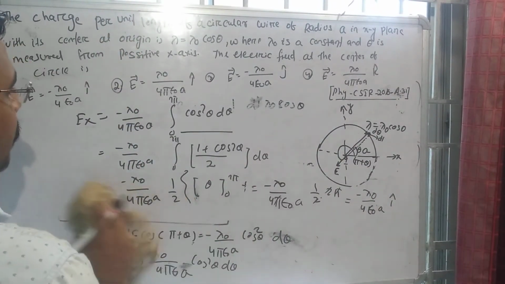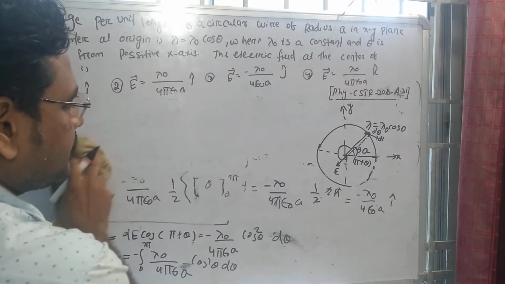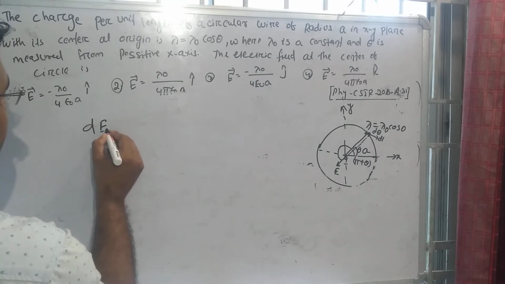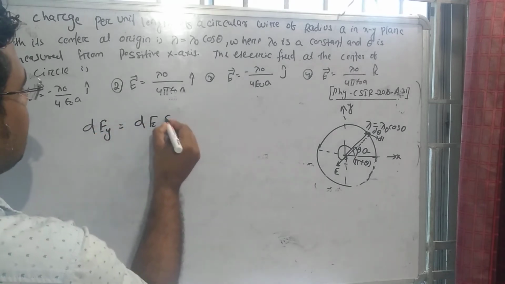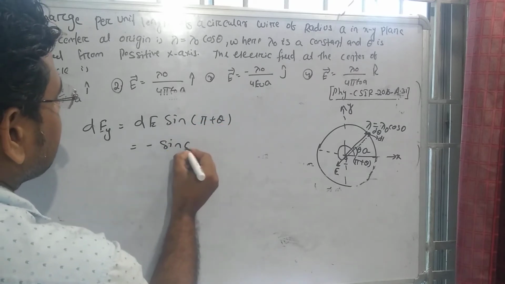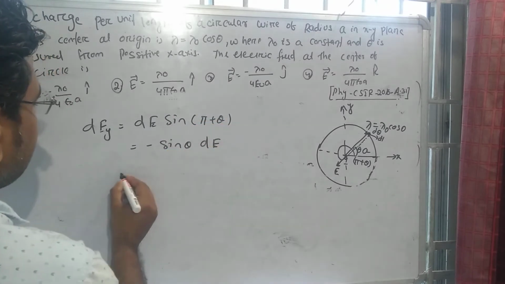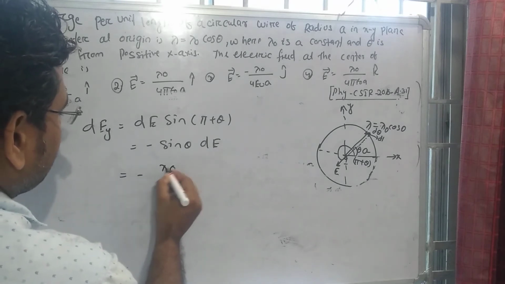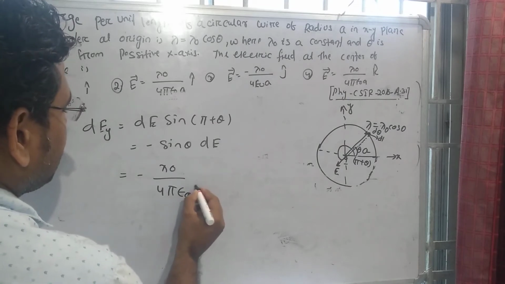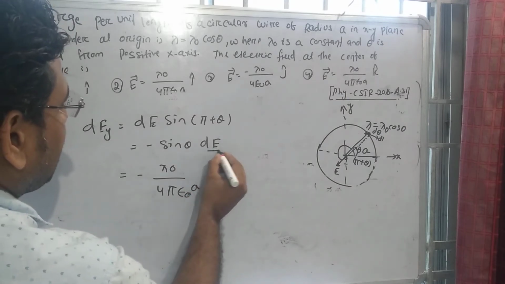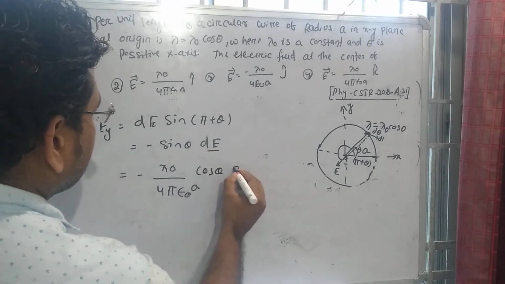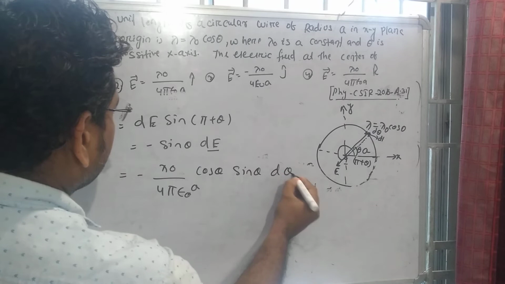So now look at the y component of this electric field. The y component of the electric field is dE sine of (pi plus theta), which is minus sine theta times dE, and we know that dE is lambda 0 by 4 pi epsilon 0 times a, cos theta into sine theta into d theta.